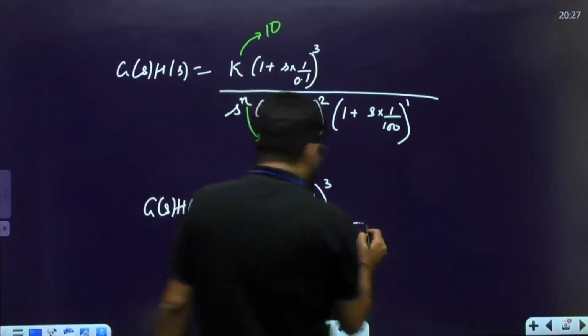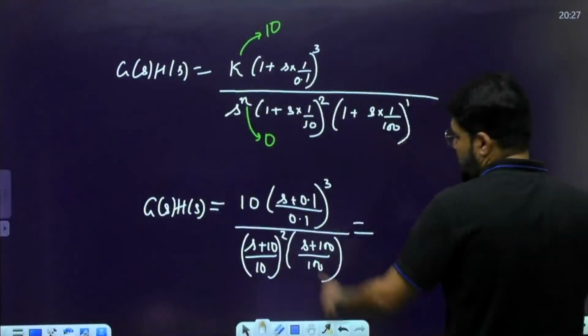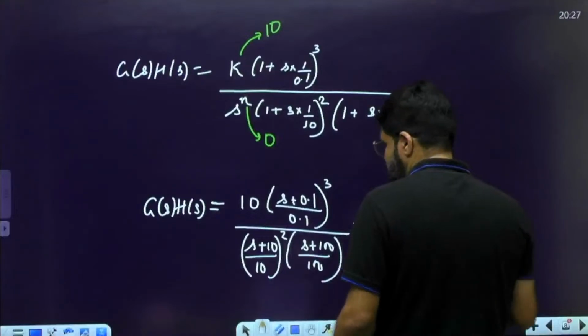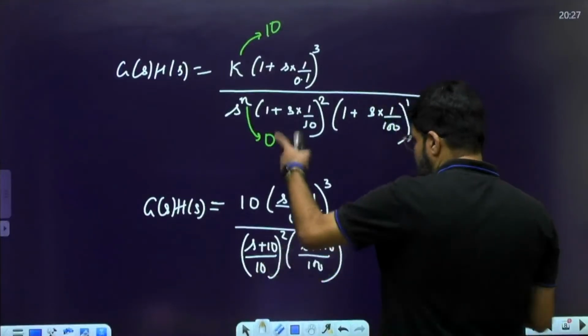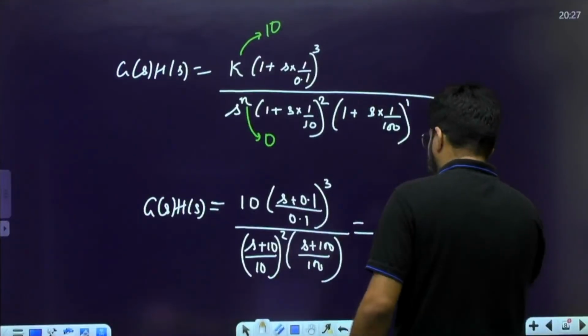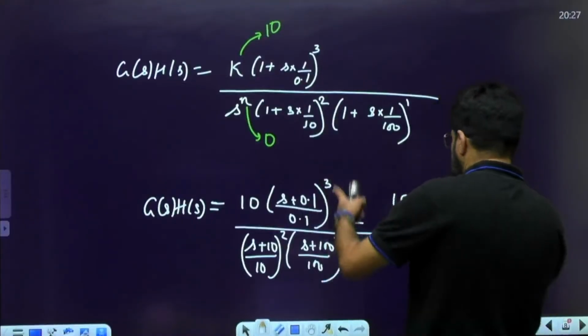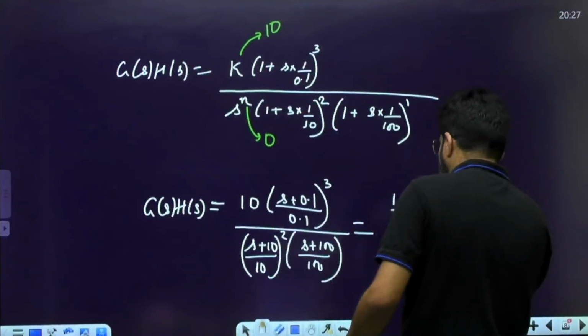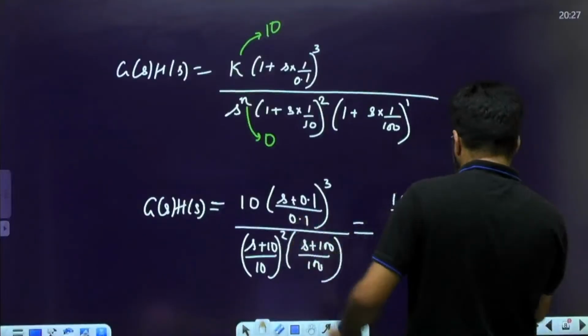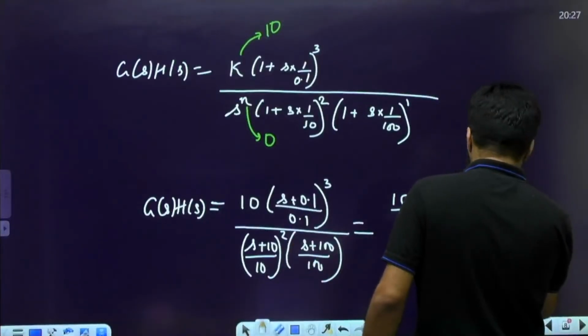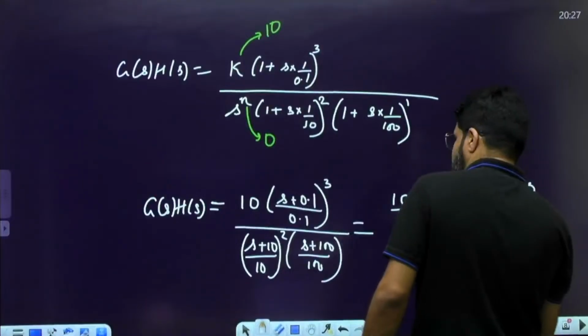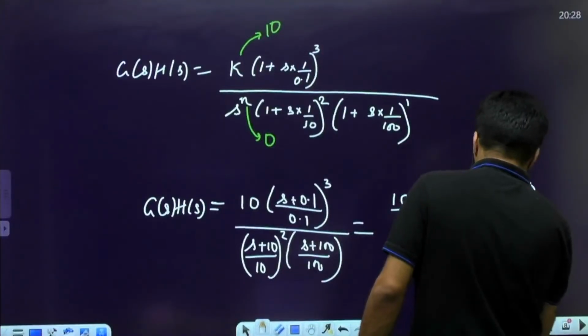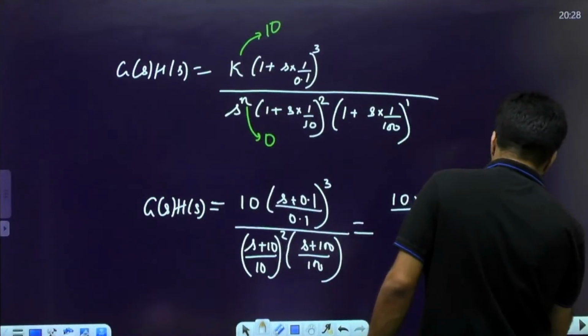So see, in this format, what is the overall constant that is going to be left? This is 10 square from the denominator, that goes above, into 100. This 100 also goes above, divided by 0.1 whole cube, into the factor s plus 0.1 whole cube divided by s plus 10 whole square into s plus 100.